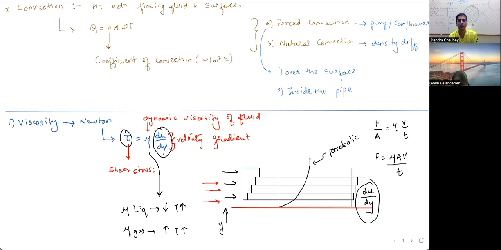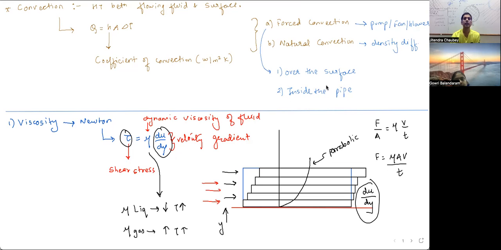We discussed convection heat transfer first, and then the types of convection heat transfer. What kind of applications will we have in forced convection? An application where fluid is flowing over a surface or into a pipe or duct.